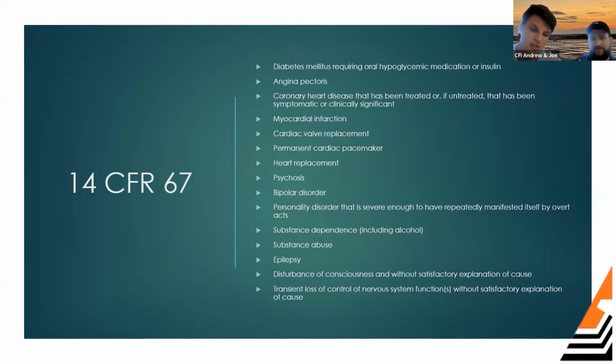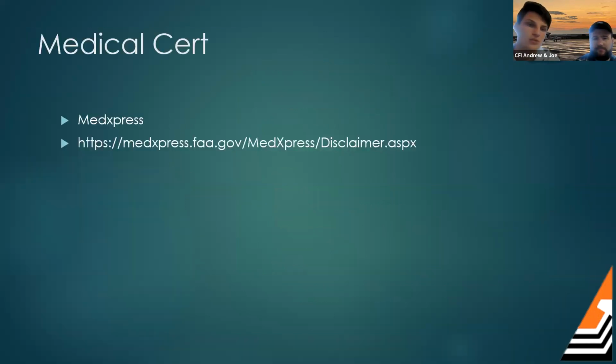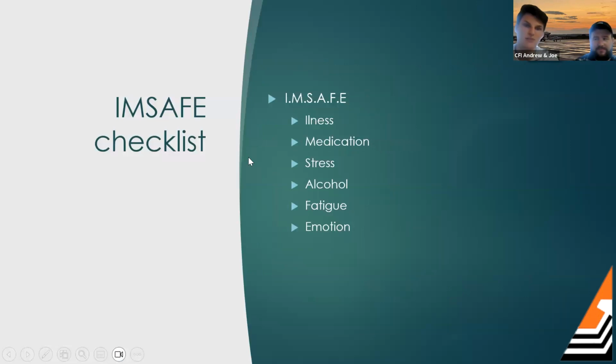As you go through the list, check yes or no as you go down. And then you get the piece of paper and you give that to your AME, and they'll look it over, and then they'll be able to tell you, here's your medical, or we need to do some more things to make sure you're cleared. Right. So the link is right there if you ever need to go over there.